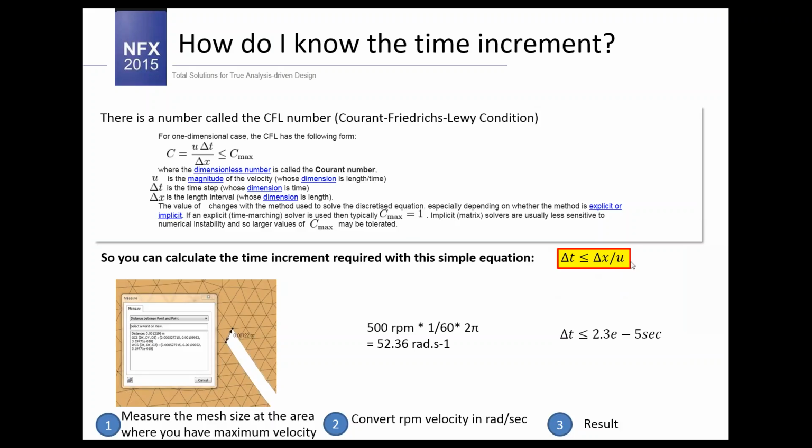Here u is defined in radian per second, so you have to convert the RPM into radian per second. It gives a value of 52.3 radian per second. Finally, you get a value of delta t that is less than or equal to 2.3 power minus 5 second. This is why I used this value for the calculation.